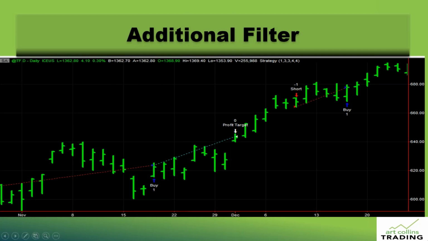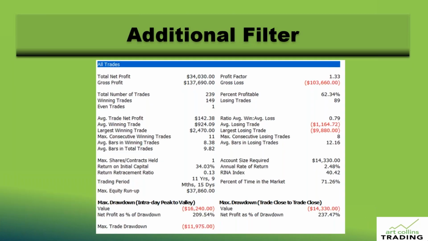Now again, it probably affected other trades down the line. Maybe it improved us, maybe it didn't. Let's see. Okay, considerable improvement. We're now up to $34,000 profit. We've jumped from a net profit as a percent of drawdown from under 100% to 237%.